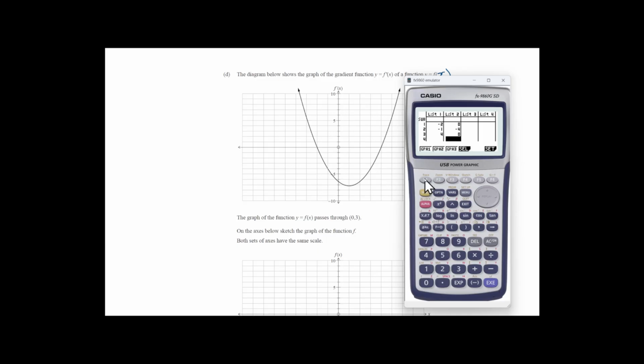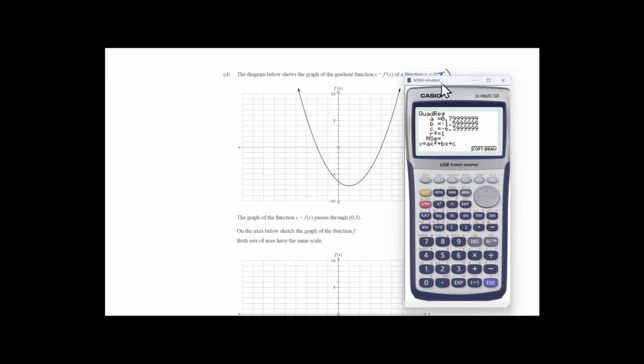Okay, graph 1, calculate the graph, and we want to graph a parabola. So we've got some really, really close.